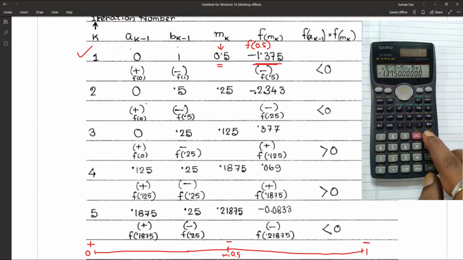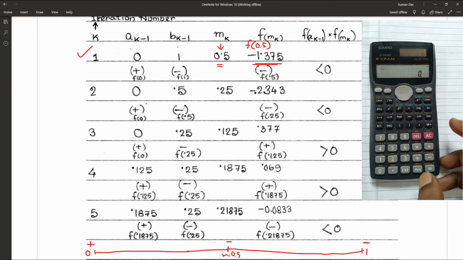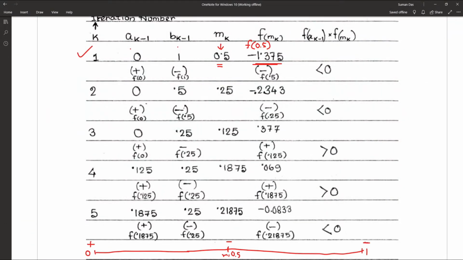So at 0.5 it is negative and at 1 it is negative; those are not of opposite sign, so we must reject that section. We now take the range from 0 to 0.5.